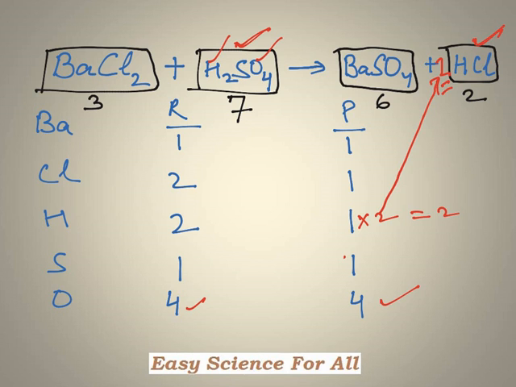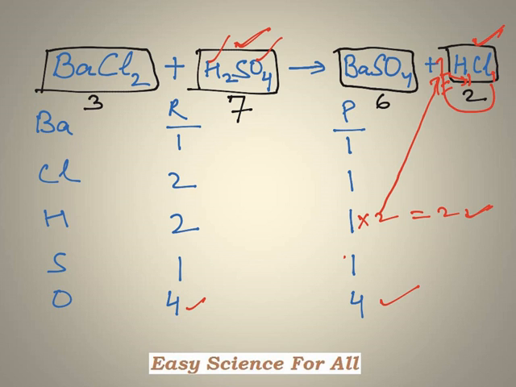As a consequence of this action, not only the number of hydrogen atoms on the product side has changed, but it has also resulted in the change of number of chlorine atoms. Let us see how. Now, here 2 into this 1 will imply 2, means hydrogen has 2 atoms.